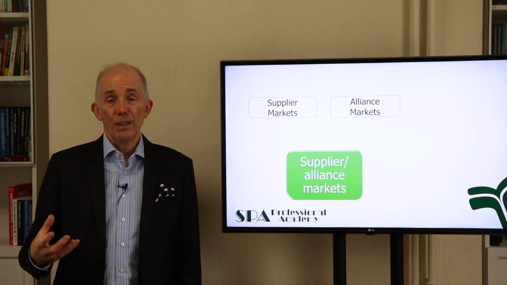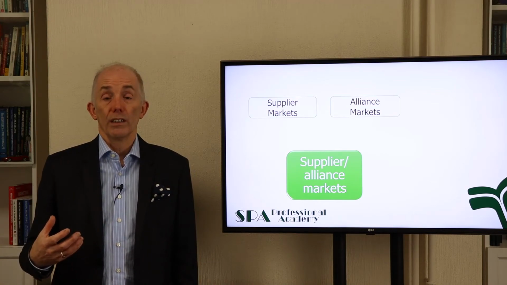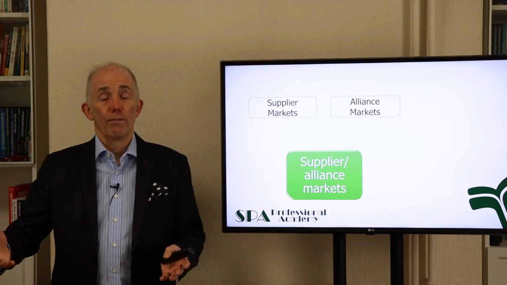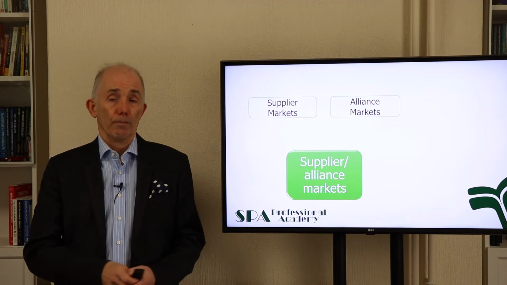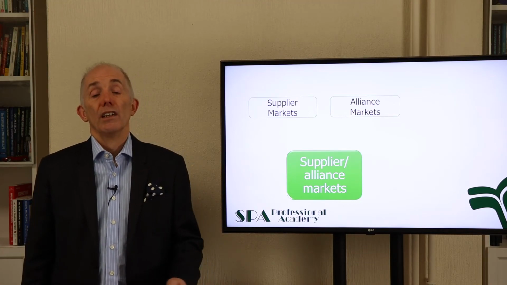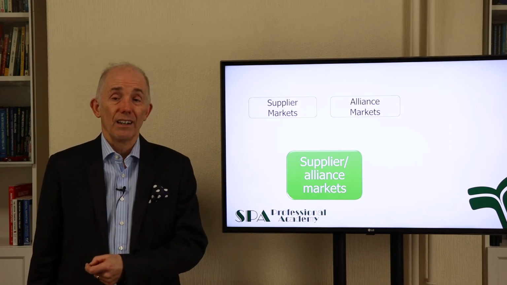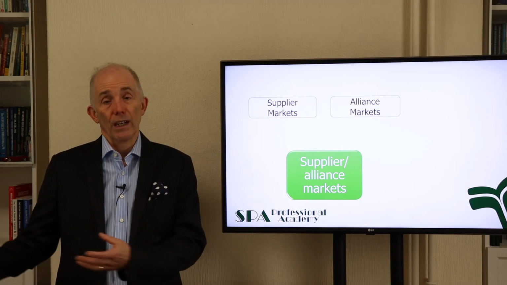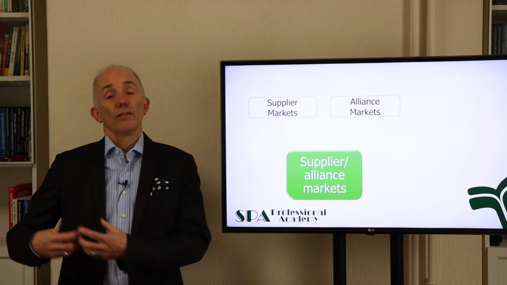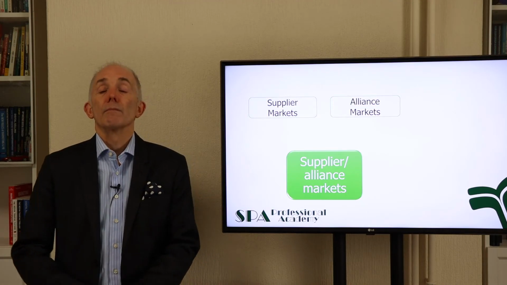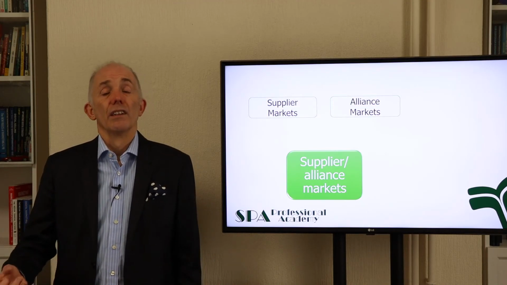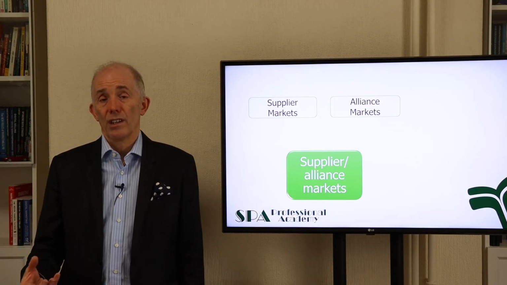So building relationships with suppliers is part of Porter's 5 forces model, the bargaining power of suppliers. The better our relationships with suppliers, the more likely they are to give preference if that becomes important. So supplier markets count. Alliance markets, partners that the organisation has.